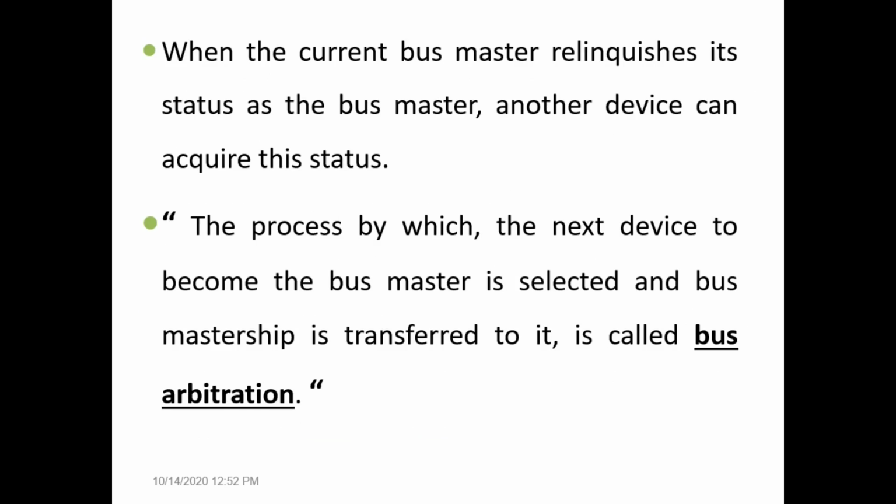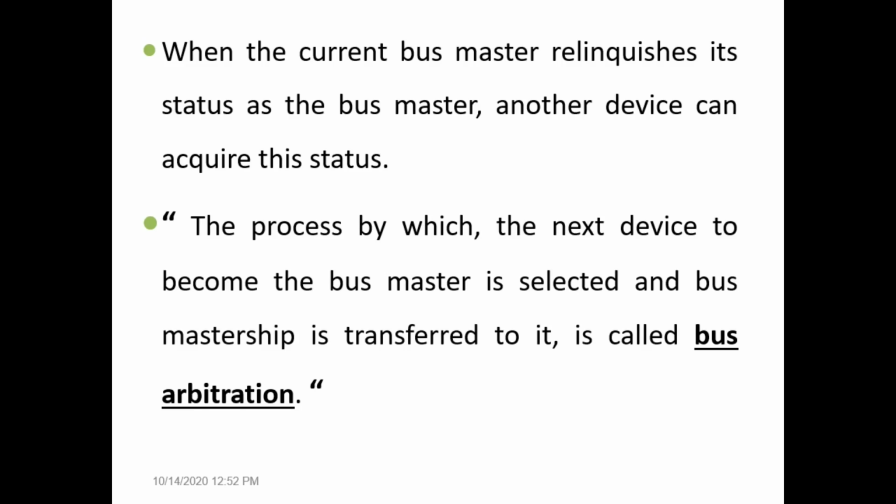Once a device or processor becomes bus master, that device uses the bus in order to transfer the data. Once that data transfer is completed, that device has to relinquish its bus master position. That means the device has to voluntarily give up its bus master position.